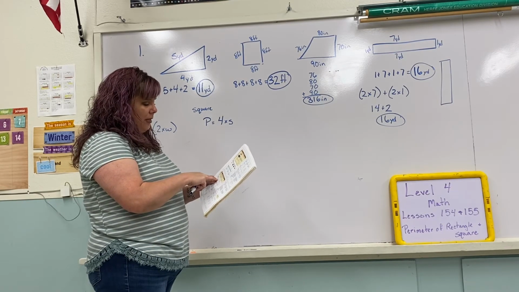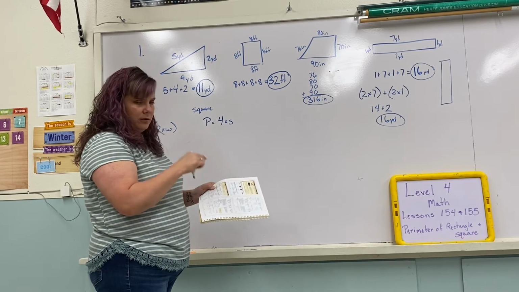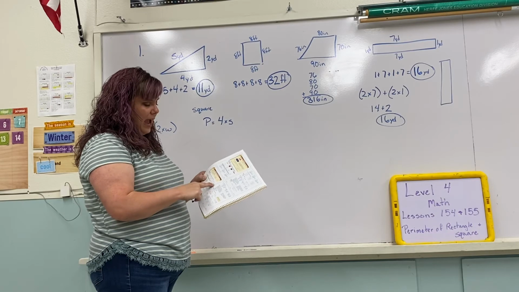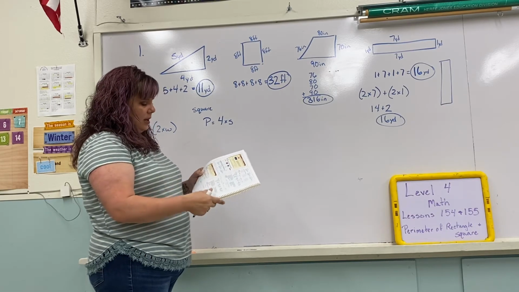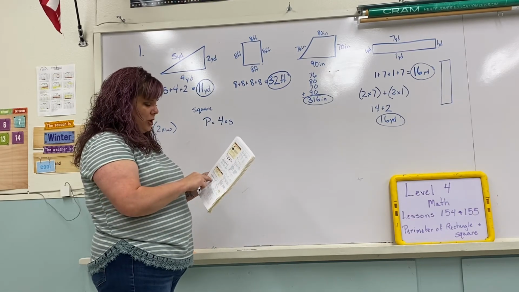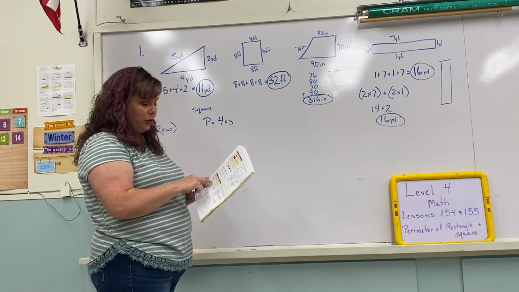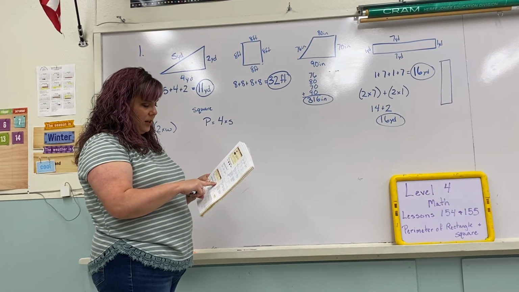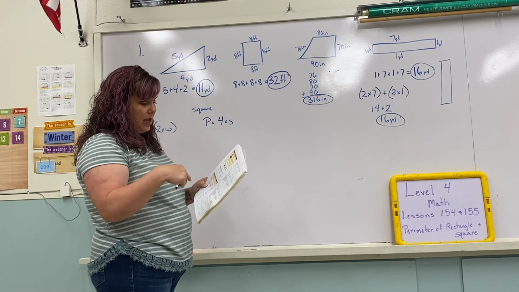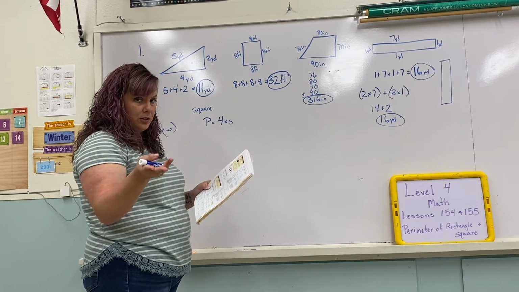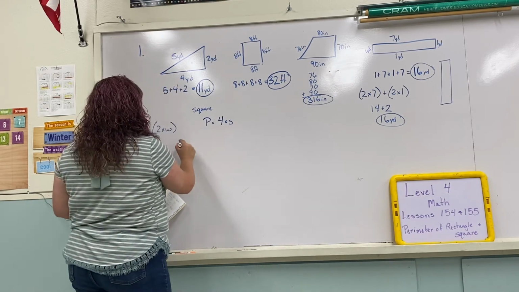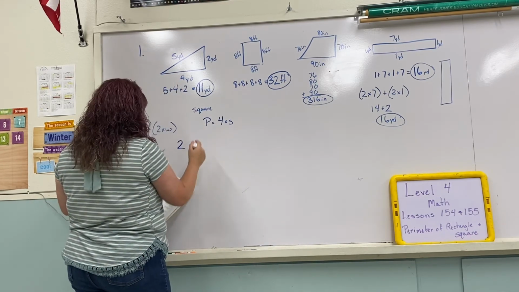It wants you to add 3 plus 3 plus 3 plus 3, 3 4 times. That first one is wanting you to add all the sides. The second one, it wants you to use the formula. Okay, so number 1 on the perimeter of the square, page 279, that's tomorrow's lesson, not today's. We're just teaching to tomorrow also because it's the same topic. You're going to add, but for number 2, you're going to use the formula.